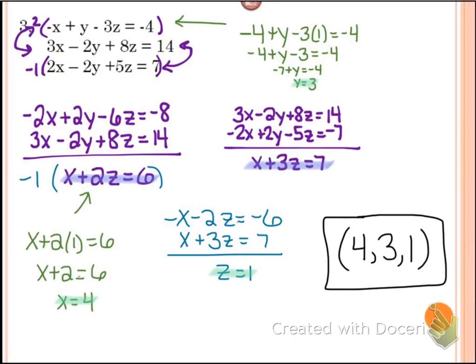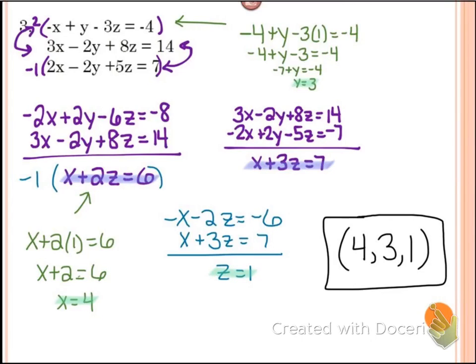Okay, and this is what you should have gotten: 4, 3, 1. I'll say this. If you chose to eliminate y, then this work would help you. Try to decipher here.